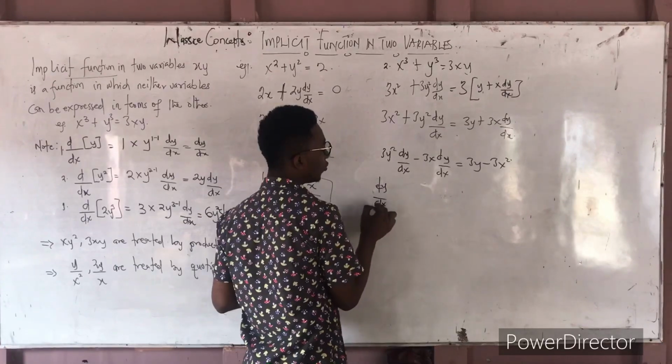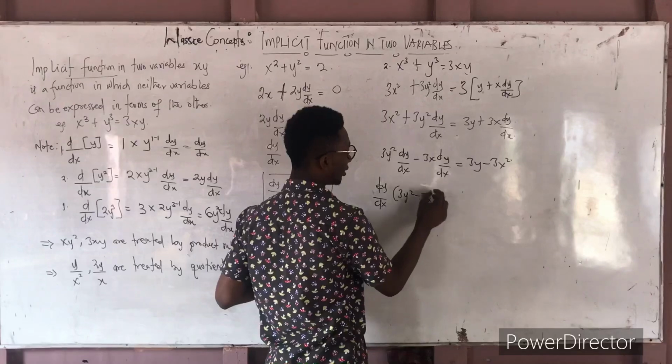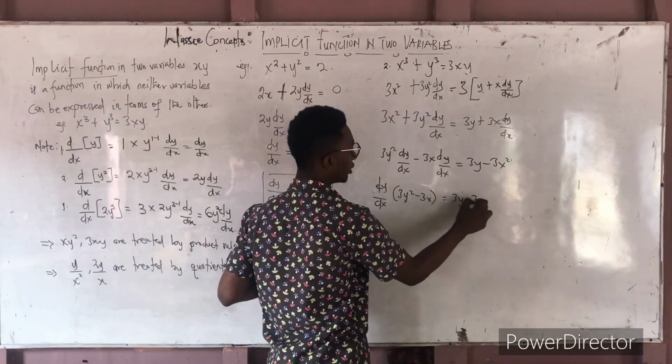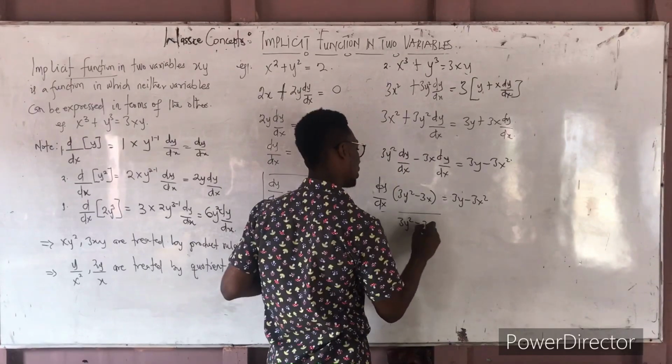So finally, factorizing dy/dx out, we get 3y squared minus 3x times dy/dx is equal to 3y minus 3x squared. So we divide by 3y squared minus 3x.